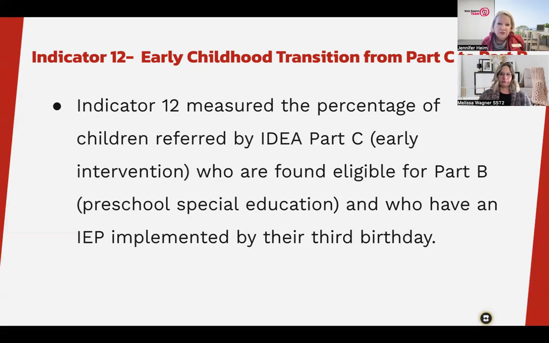Indicator 12 measures the percentage of children referred from Part C to Part B who also have an IEP implemented by their third birthday. This is one of those indicators where the threshold is 100%. So if you have one student, for example, whose IEP wasn't implemented by their third birthday, you can expect an indicator finding for indicator 12.